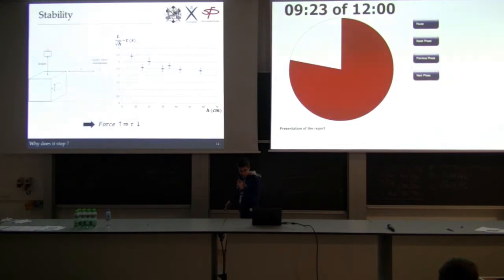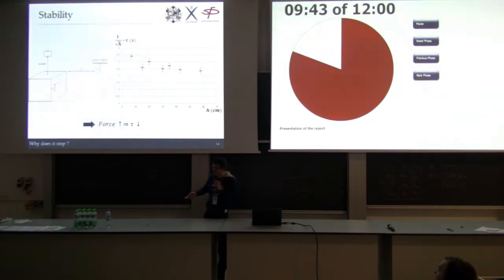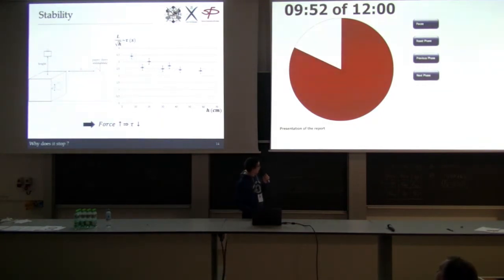And we measure the range of the ring, and thanks to a little reasoning that I can explain after, if we have the time, we can see that the lifetime of the vortex is decreasing quite slightly as a function of the height, that is to say, as a function of the energy given, or as I said, of the force. So, if the force is increasing, the lifetime is decreasing. So, now we better understand why the vortex stops.